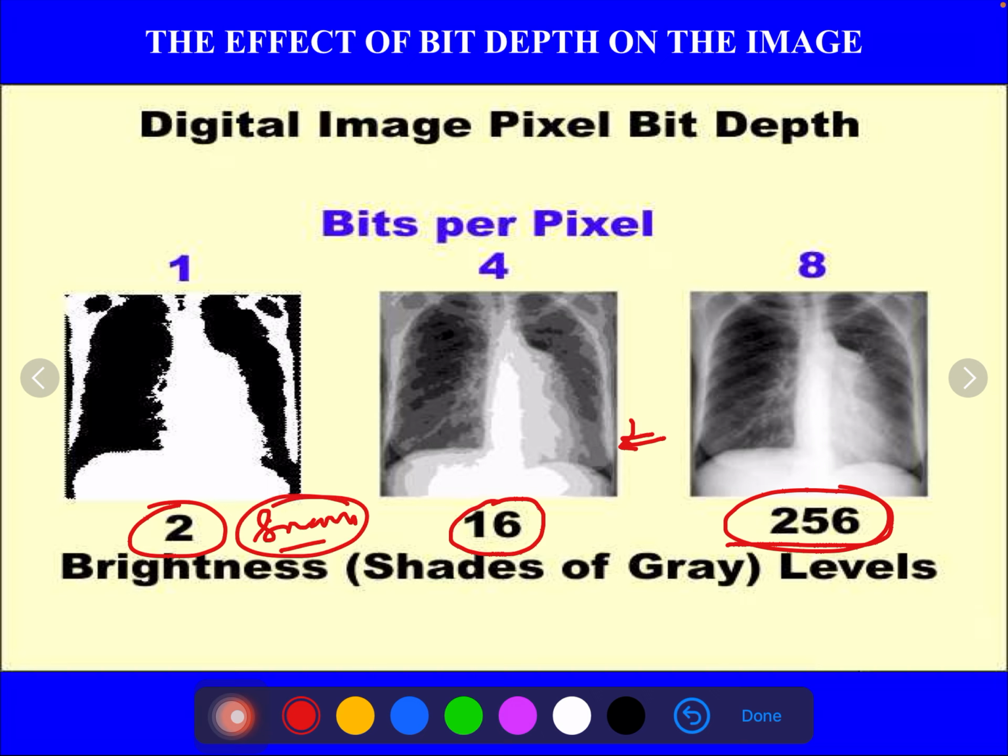It's not visible, but where we have more shades, then visibility is more. This indicates the bits per pixel in each of the images, which shows how you can utilize the bit depth of the image and its effects.